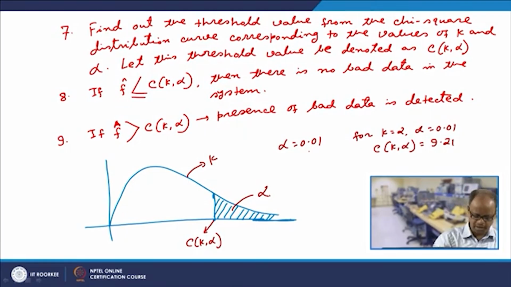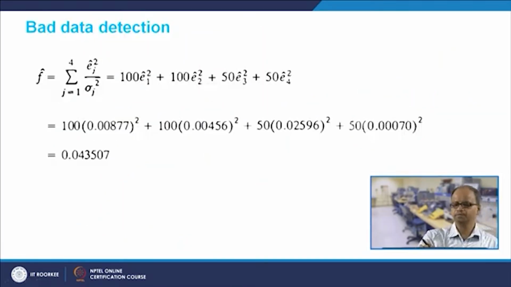Now, to detect bad data, in this example, if we remember, in the last lecture we considered two cases of a simple circuit.